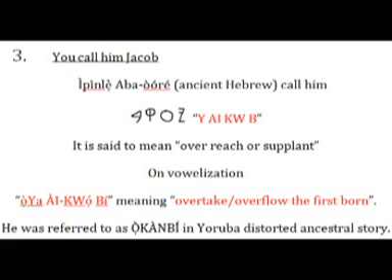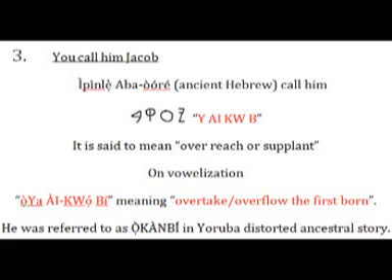So Oya Okobi is the ancient Hebrew name for the person that is called Jacob in English. Jacob or Yakub, no matter what you try to call him, that is not his original name. The ancient name is Oya Akobi, the one who overtakes the firstborn.